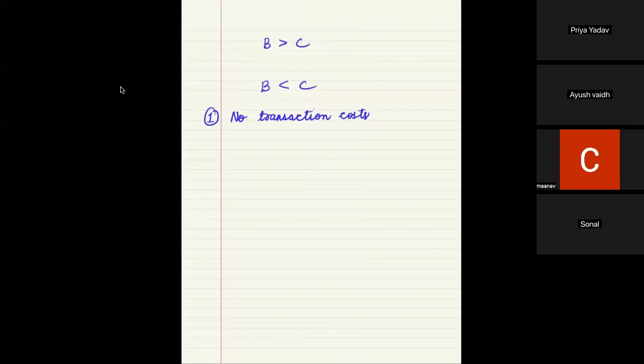These are the rules that are being established from an economic point of view. But human behavior is quite complex. When we sit to bargain, time is involved, money is involved, and when we are dealing with human behavior, a lot of things can go wrong. So when there are transaction costs, the Coase theorem will fail to allocate resources. So one of the conditions should be that there is no transaction cost.